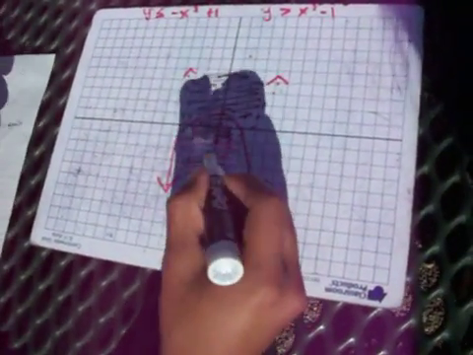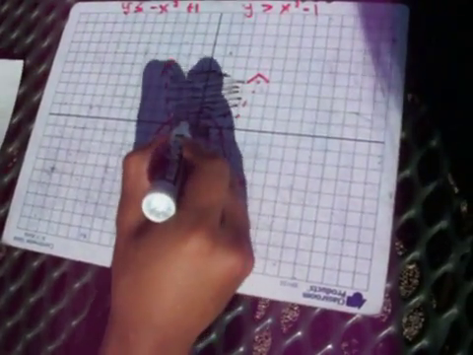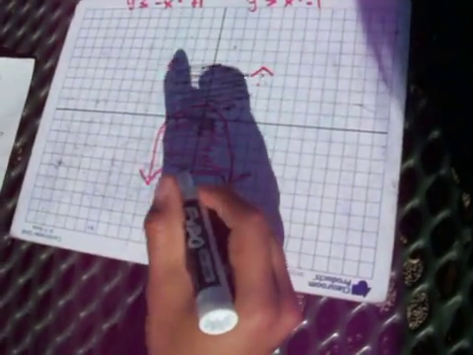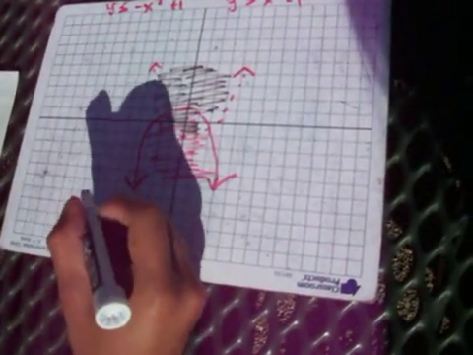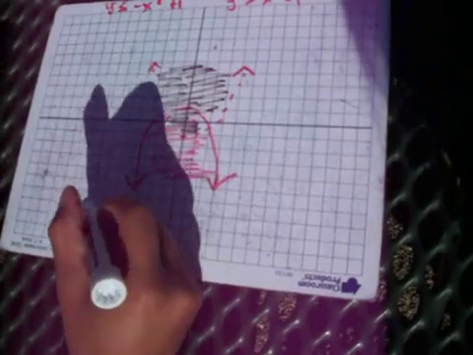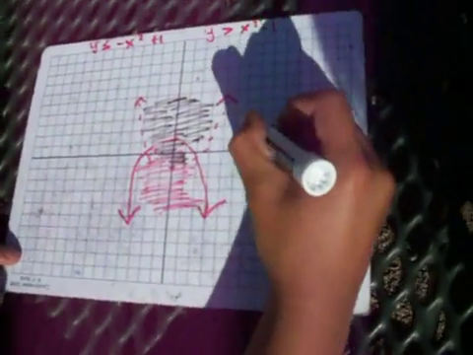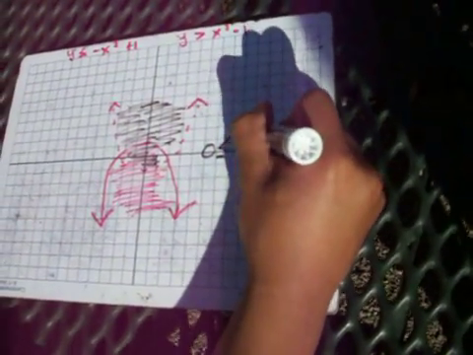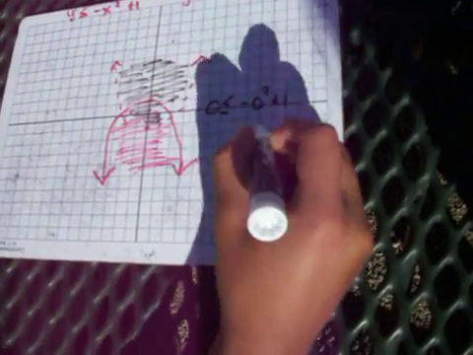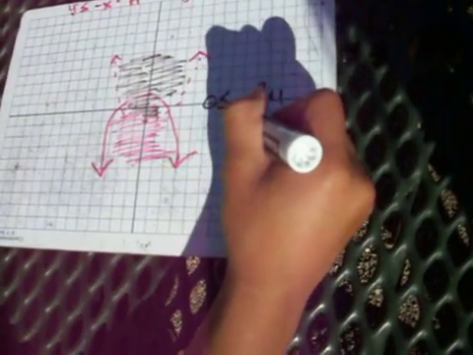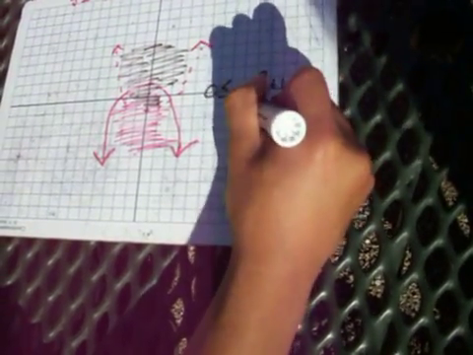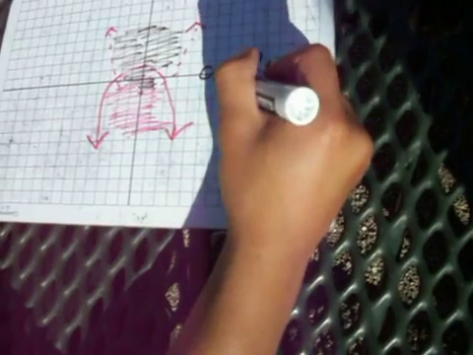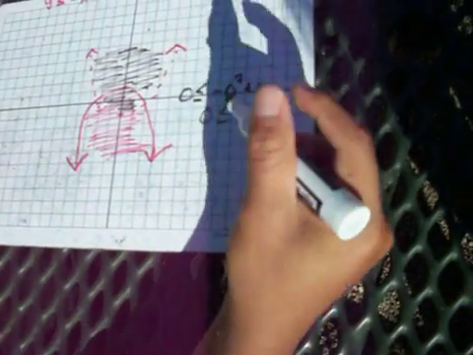And to see if we're correct, we can choose a point in the double shaded region. So to make it easy, we can do 0, 0. So do 0 is less than or equal to negative 0 squared plus 1. So negative 0 squared is going to be 0 plus 1, so 0 is less than or equal to 1.